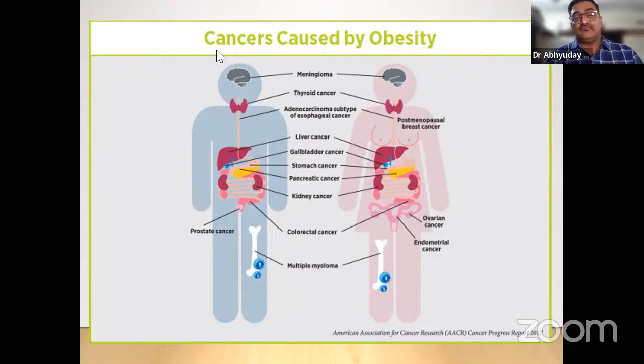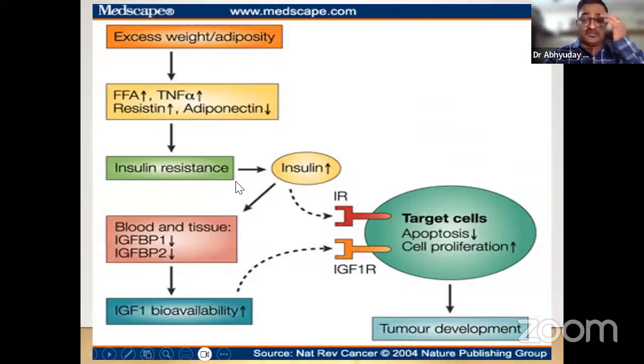Obesity is also a very well-known factor to cause various types of cancers. I won't go in detail, but these are all due to an increase in the pro-inflammatory markers. They increase oxidative stress, and also you can see here from head to toe we can get a lot of cancers just because of obesity. And this, I won't go in detail.